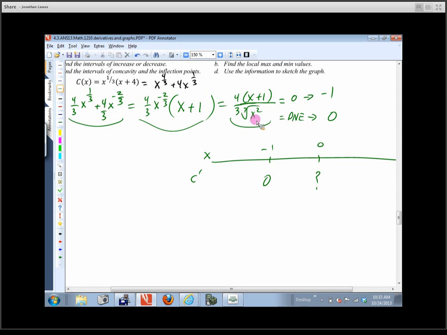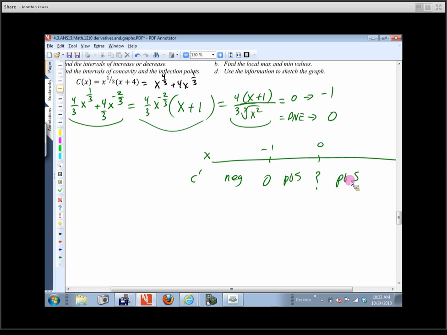That means the sign of the first derivative is completely determined by the x plus 1. So plug in a negative number that's less than -1. Plug in a -2. What's the sign of this? Negative. So we're negative here. What if I plug in any other number that's bigger than -1? It's going to be positive.